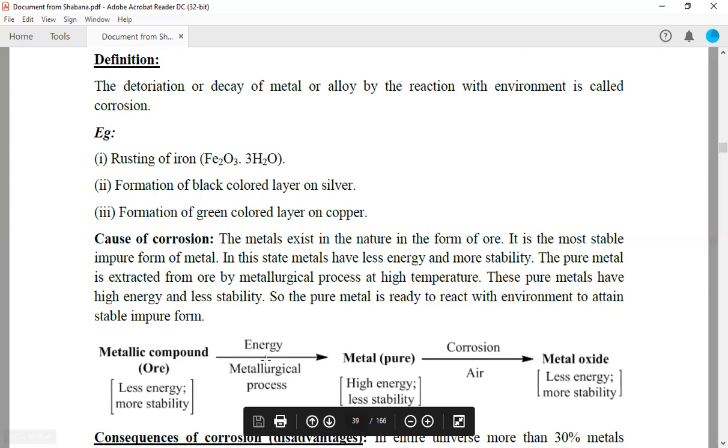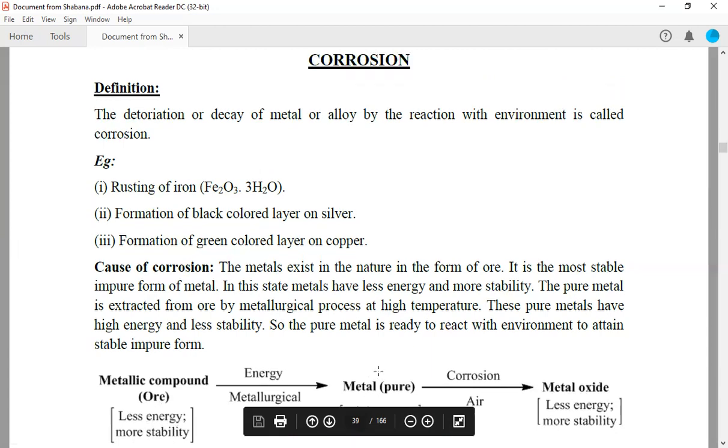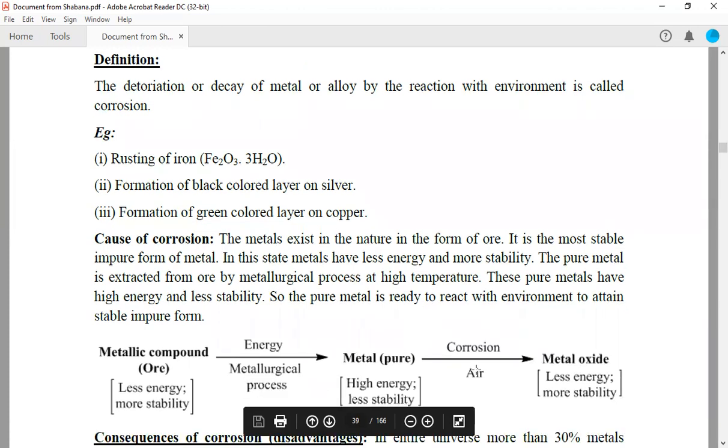The pure metal is extracted from the ore by the process of metallurgy at high temperature. This pure form has high energy and less stability. So the pure metal is ready to react with the environment to attain the stable impure form. So that is about the cause of corrosion.